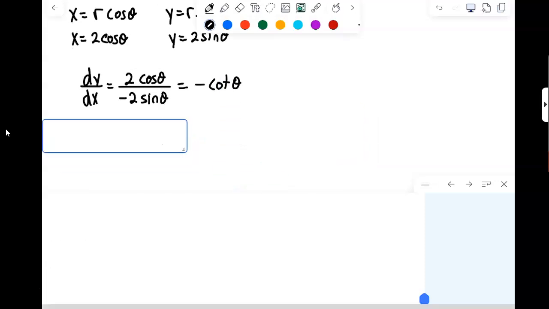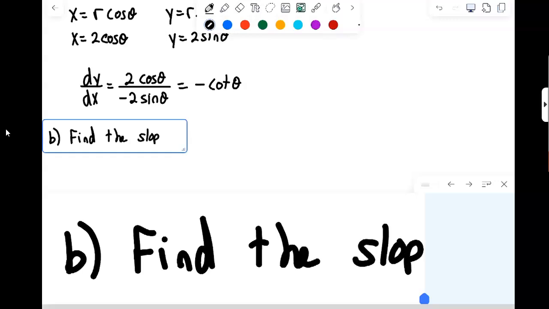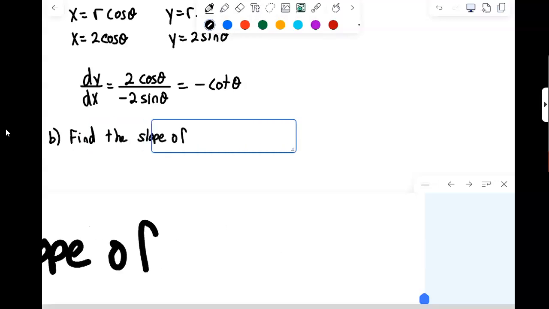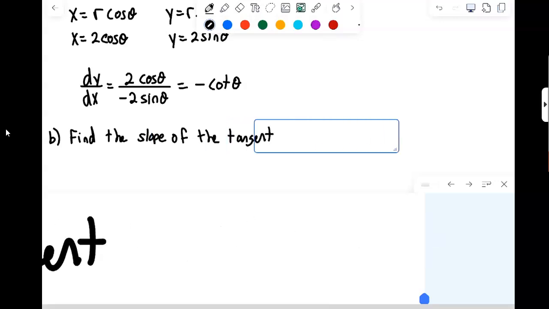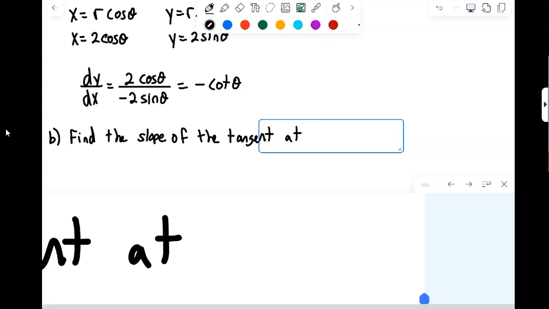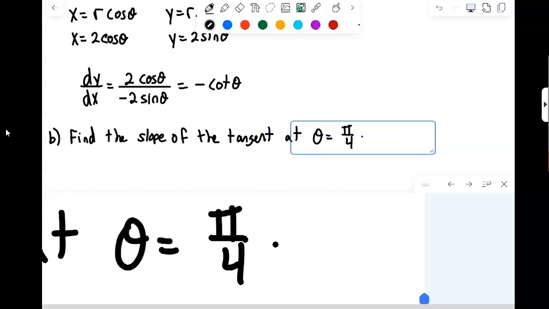And then we can ask about finding it for a specific place. So we might say, find the slope of the tangent at theta equals pi over 4.